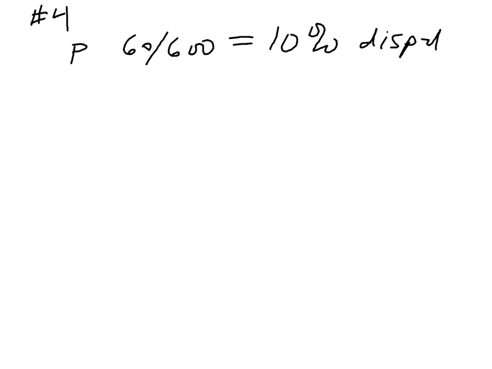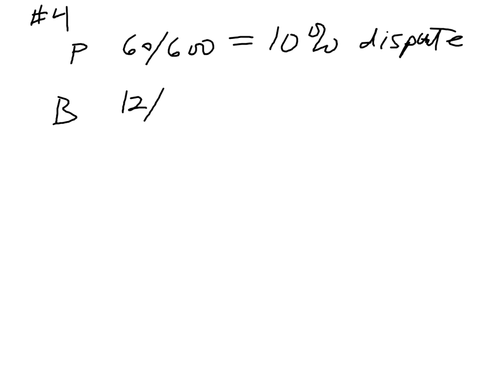So the personal division prepared 600 bills, but there were 60 disputes. So 60 over 600 for personal. That's a 10% dispute rate. All right, so for every 10 bills that this department sends out, one of them is in dispute. But if you look at the business, they only had 12 disputes.